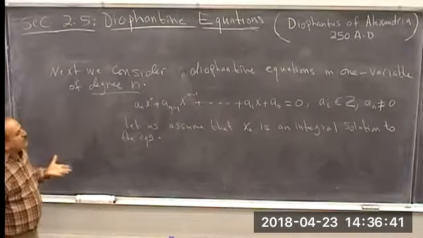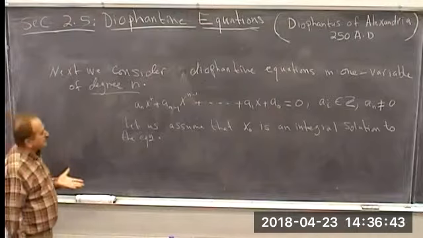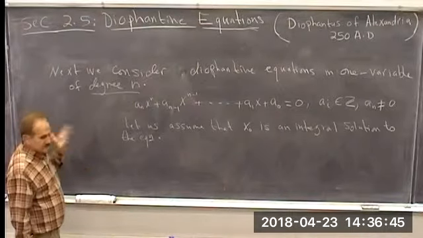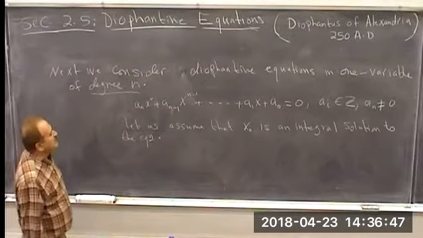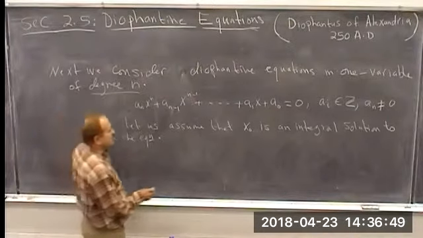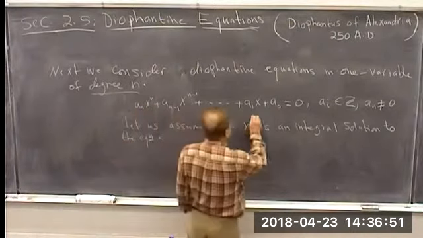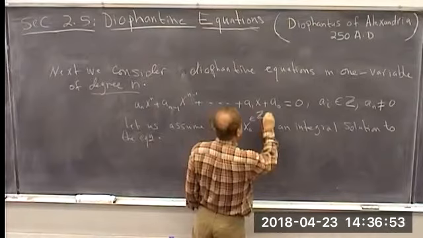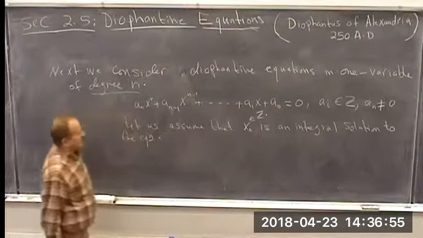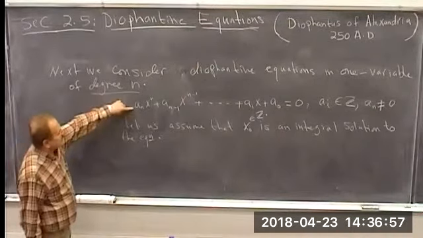Now, we would like to find the necessary condition first, and hopefully it will be sufficient as well. So what does this mean? This means that x sub 0 is an integer. That's what we mean by an integral solution. And it would satisfy the equation.